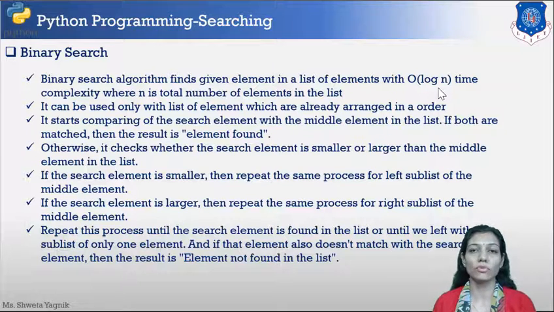In that case it is taking a longer amount of time, and in order to get the efficient version, the binary search is the best option. So how it is improved, we will see.